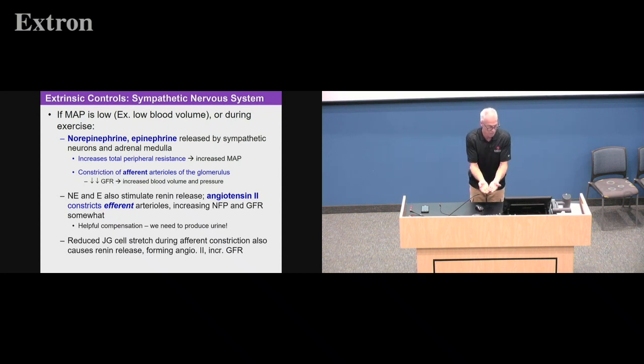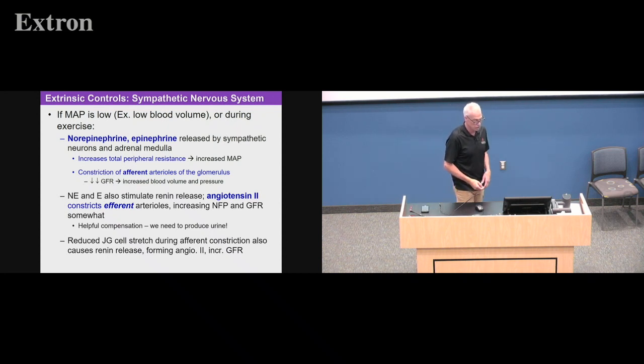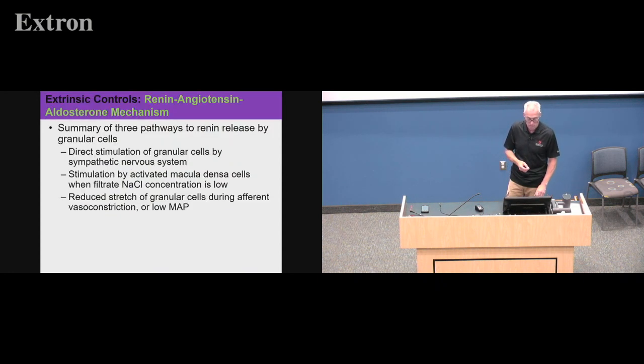So we have a big drop in filtration rate as is initiated by the epinephrine and norepinephrine during sympathetic activation. Then we have some compensatory responses involving angiotensin II production and efferent constriction, which will bring the filtration rate back up somewhat. It will definitely be curtailed during exercise, but not utterly discontinued.